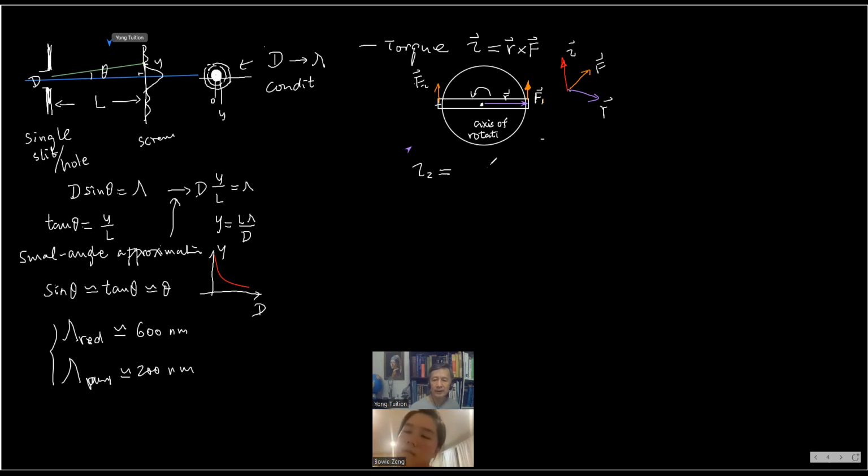If I write down here, torque 1 plus torque 2 is determined by the angular acceleration, the second derivative of theta. Have you used the second derivative? So that is another formula.